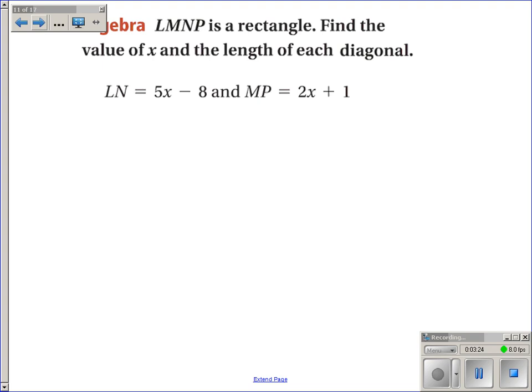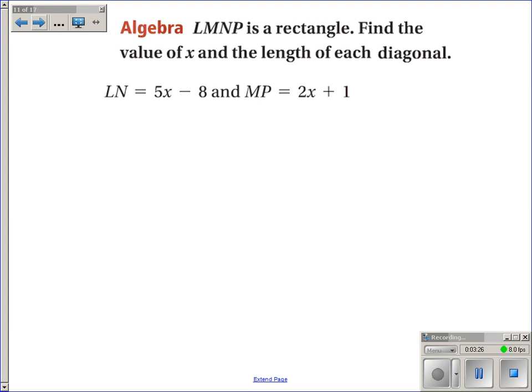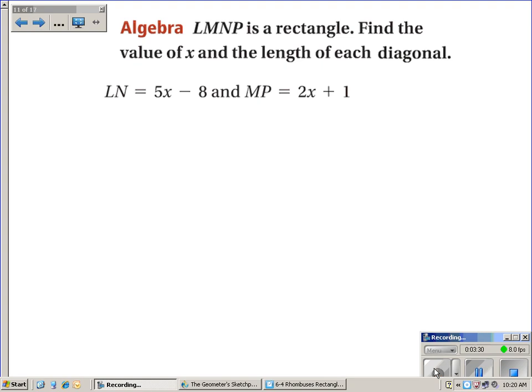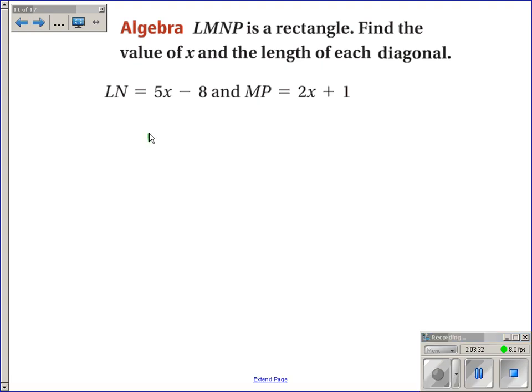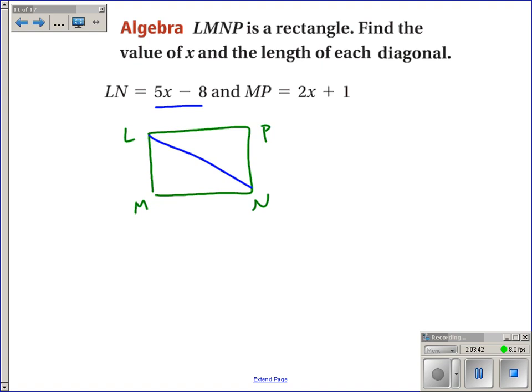Okay, another question. LMNP is a rectangle. Let me draw the picture again. LN, we're told, is 5x minus 8, and MP is 2x plus 1.